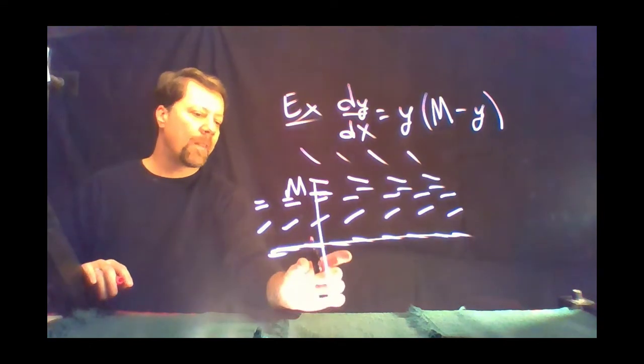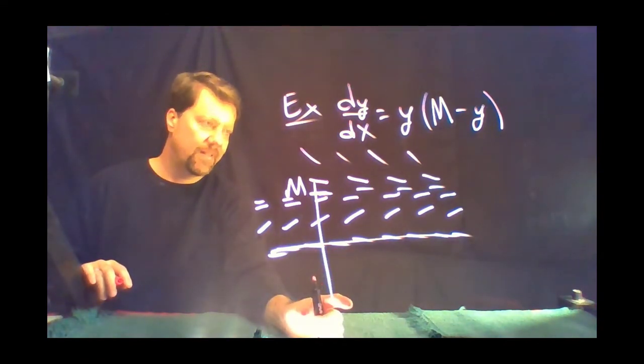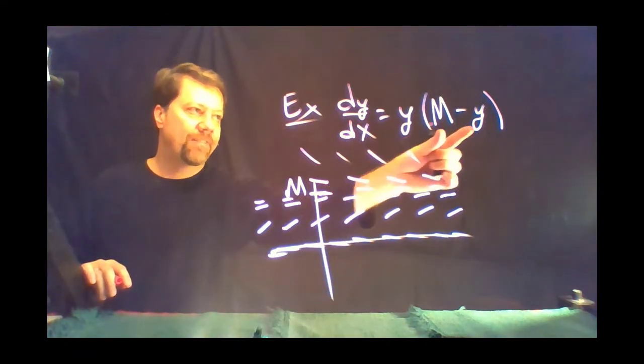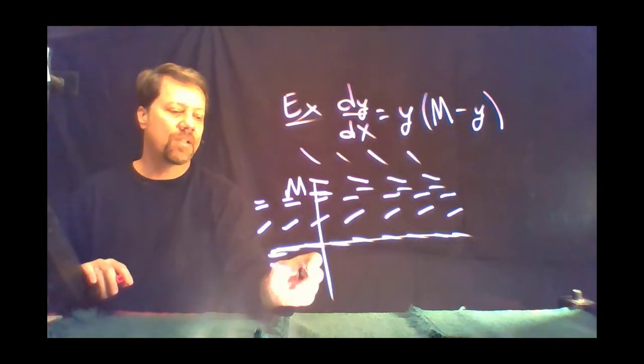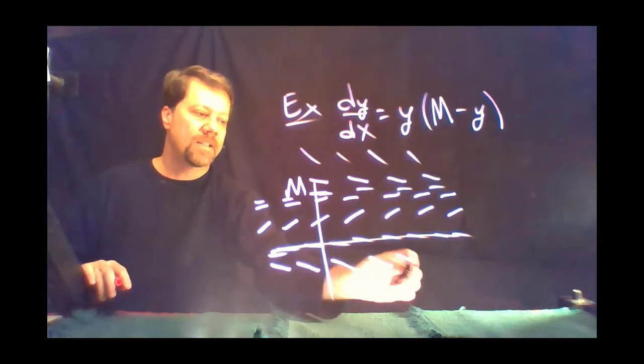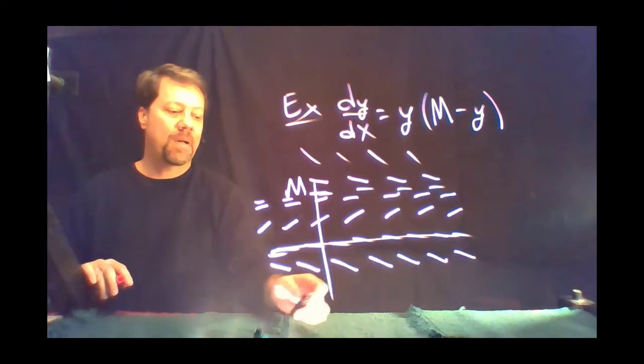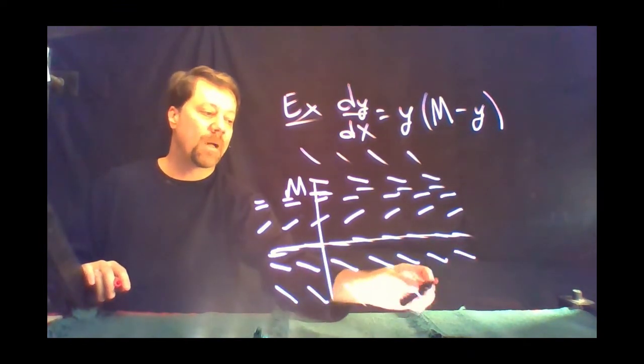If y is negative, then we'll have a negative times a positive, which gives us negative slopes. That doesn't make sense in terms of populations because we don't get negative population sizes.